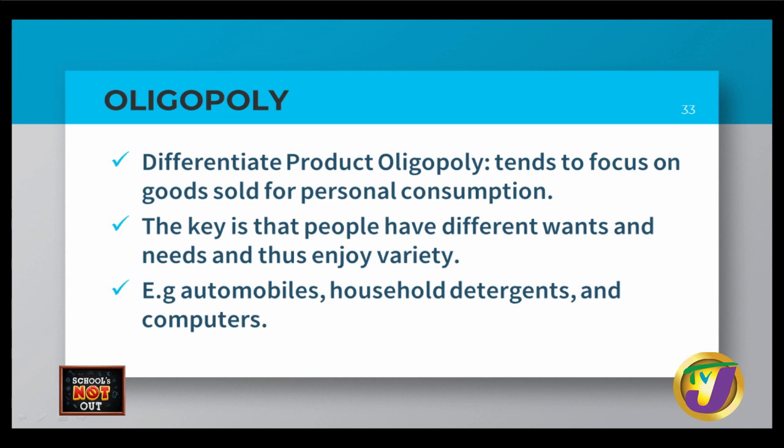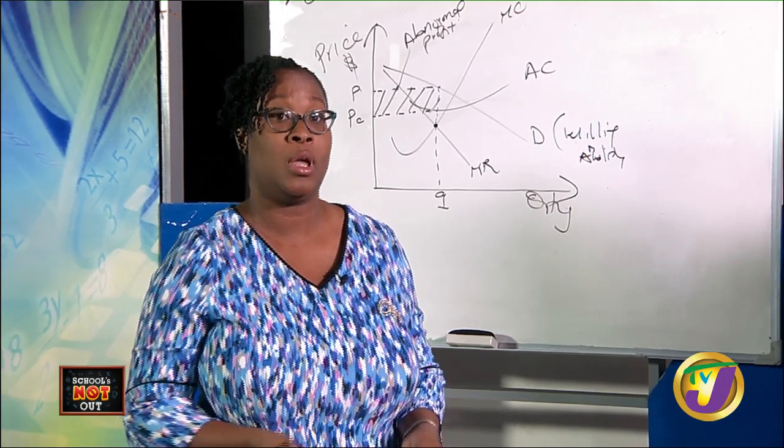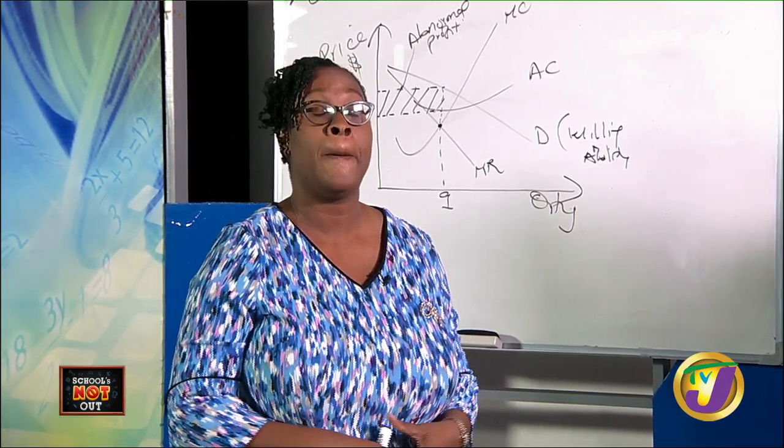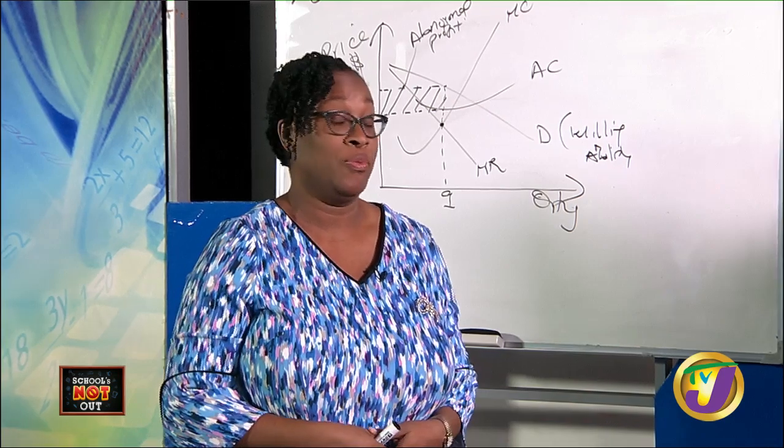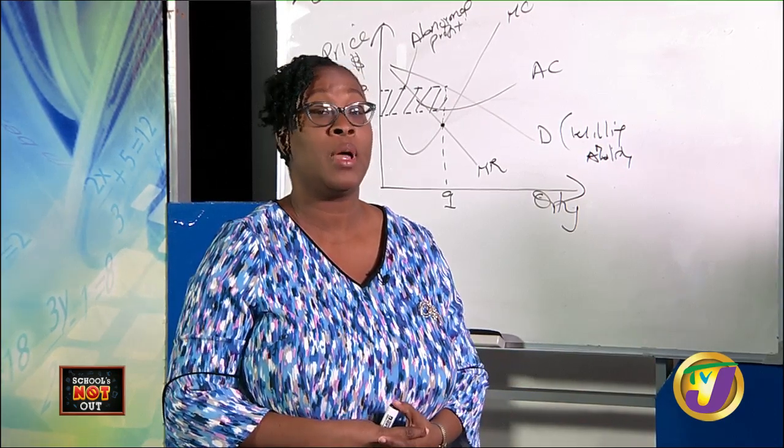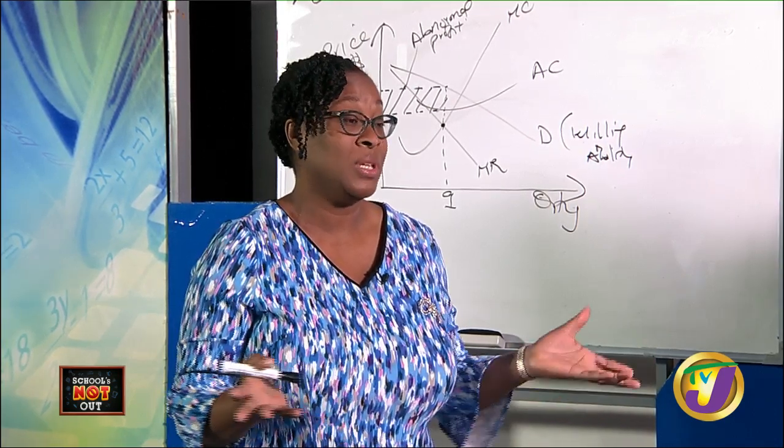It tends to focus on goods that are sold for personal consumption. What you find is that persons have different wants and needs, and they like certain variety. An example of a differentiated product would be automobiles. We have the car industry, we have our Toyota, we have persons who like Volkswagen, VW, and persons who like BMWs and so on.